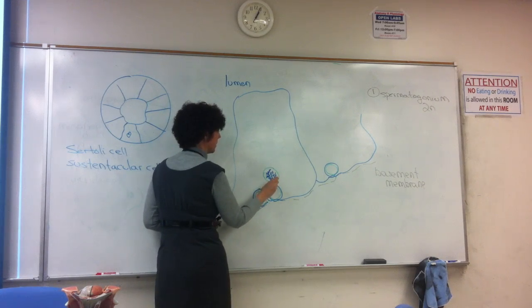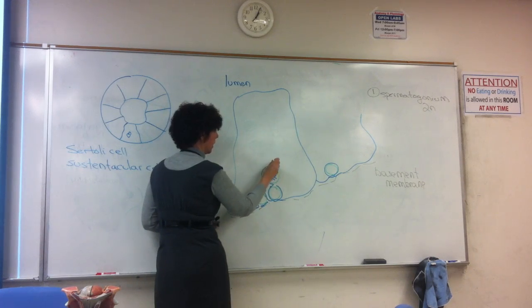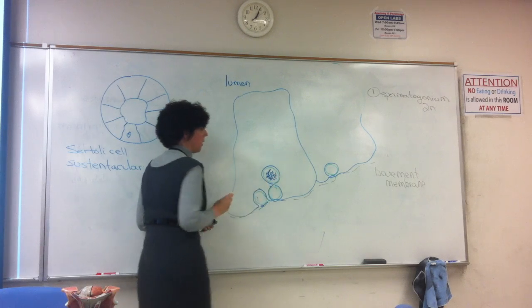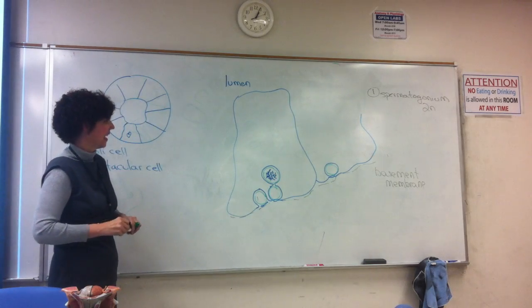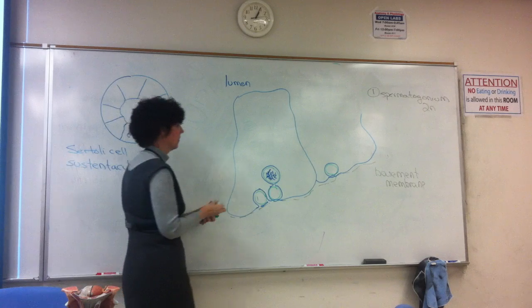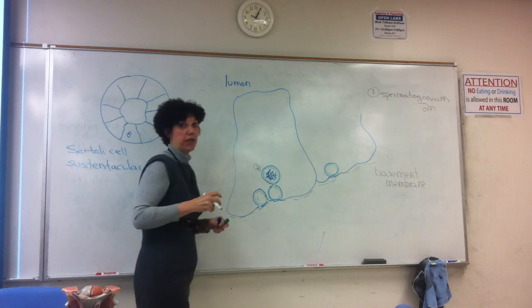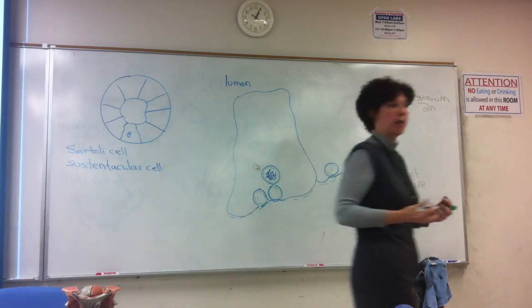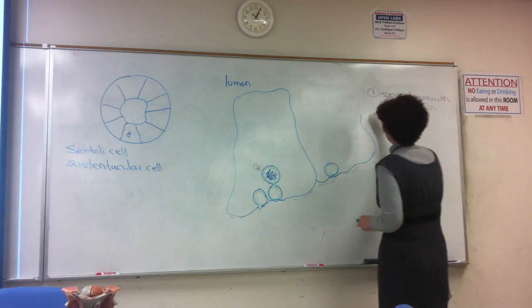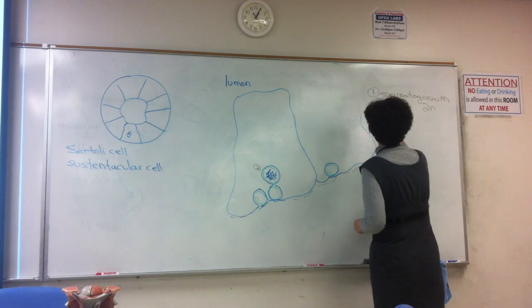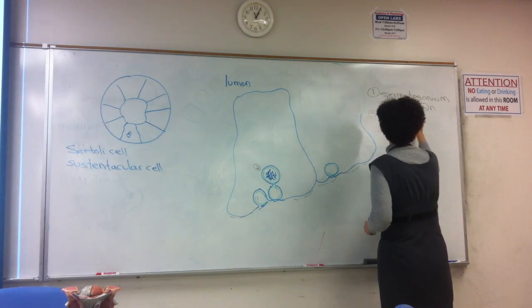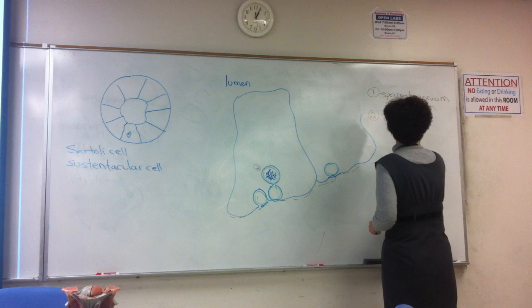It maintains the plasma membrane associated with it. And so this cell, it hasn't divided, all right? It's just doubled its chromatin material. This cell is now identified as a primary spermatocyte.